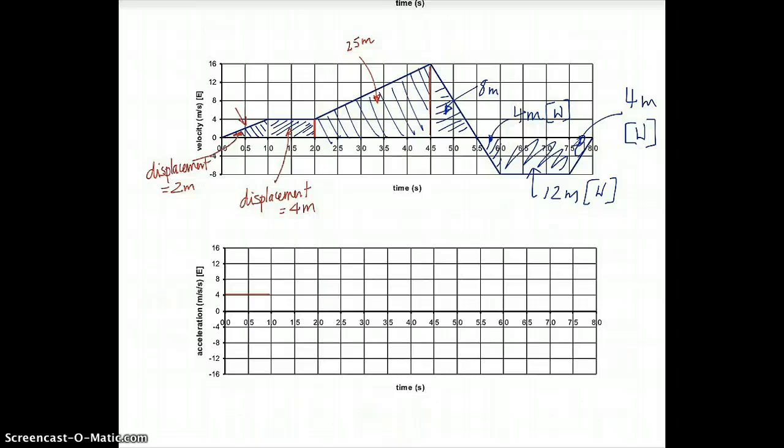In the next little segment, from 1 second to 2 seconds, the slope is 0. There is no acceleration because the velocity is constant. So now the acceleration drops to 0. Now if I am really careful with this drawing, what would happen in real life is that the acceleration would change from 4 meters per second per second, but that would take a tiny little bit of time.